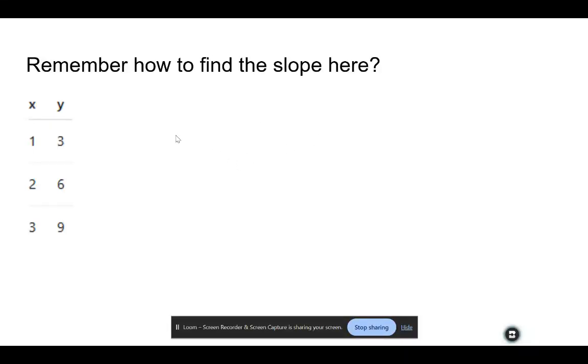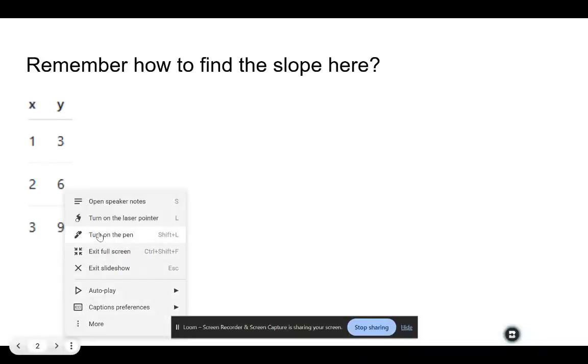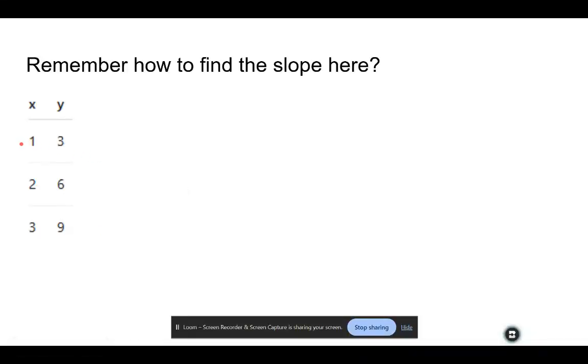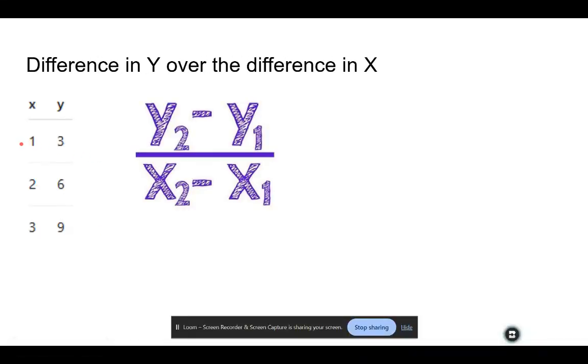All right, here we have a table. This one was the easy one, the one that we started out with. What we're trying to do is find the slope, and here's a little graphic: y2 minus y1 over x2 minus x1. In some of your classes I went over this, in some I didn't, because it wasn't necessarily much easier.